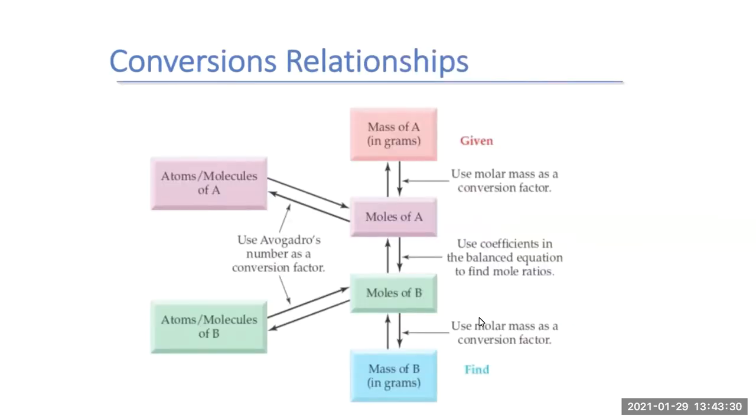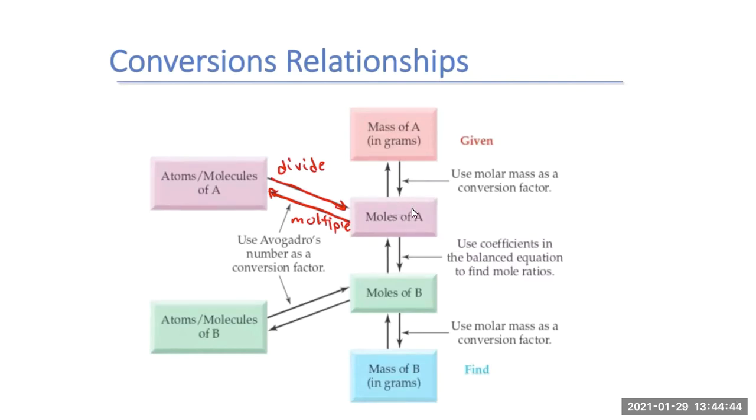So now we see when we've gone from moles to atoms, we multiplied by Avogadro's number. And if we were to do the opposite one, we'd have to do the opposite operation. So we'd have to divide by Avogadro's number. But we'd still use Avogadro's number as our conversion factor between atoms or molecules and moles.